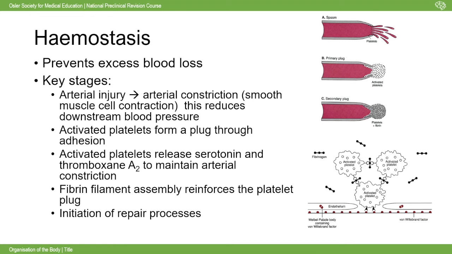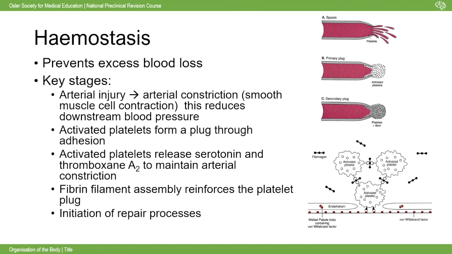You want to make sure you're getting constriction so that you're not having really high pressure blood going through and therefore losing tons and tons of blood. And also you need a relatively low blood pressure in order to have all of your clotting factors staying within the same area, because in order for your clots and your fibrils to form, you need a high local concentration of these factors. So therefore, we need this lower blood pressure.